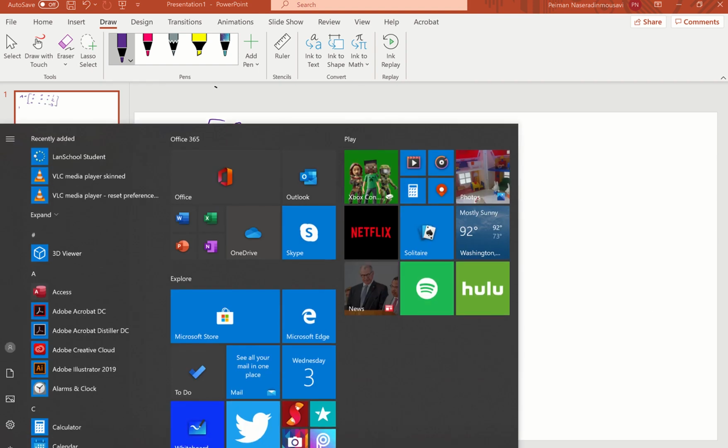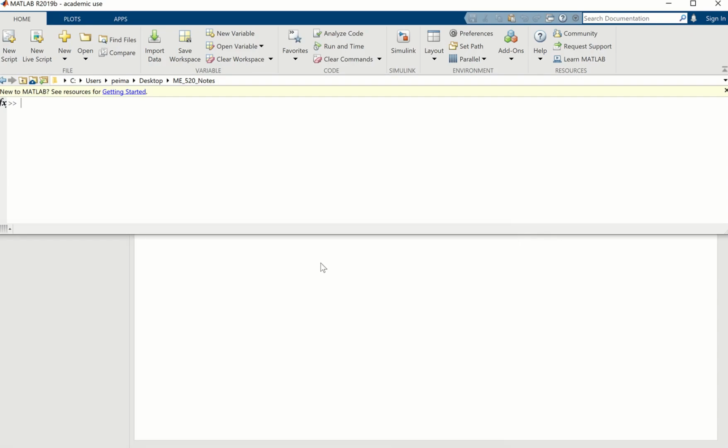As I taught you in MATLAB, you can write this as A is equal to 0, 0, 0, 1, 0, 0, 0, 2, and 0, 0, 0, minus 3. Here we go. This is the matrix that you get.